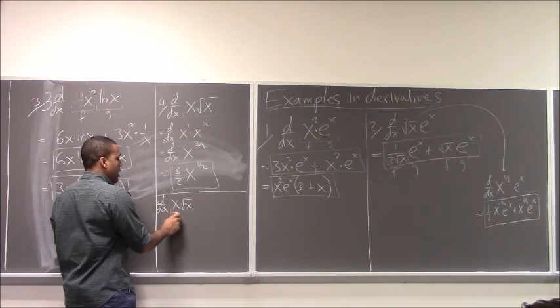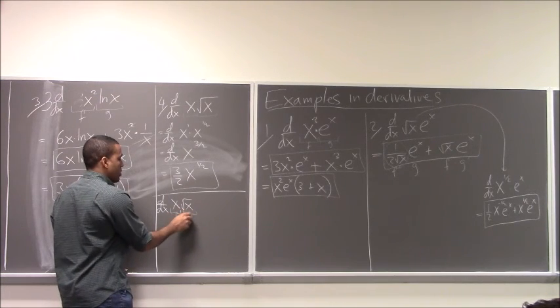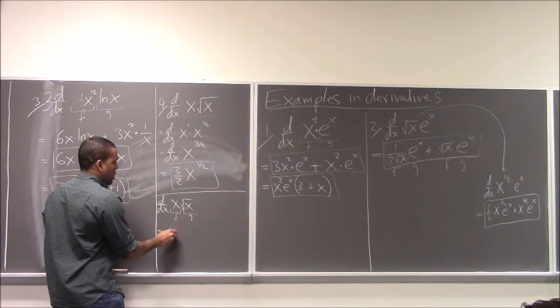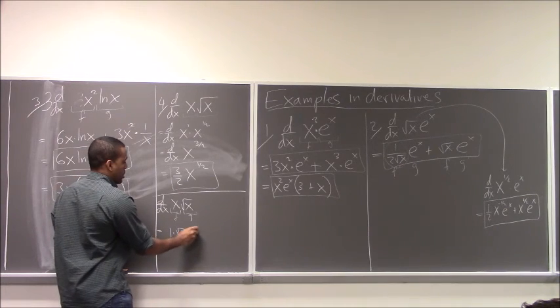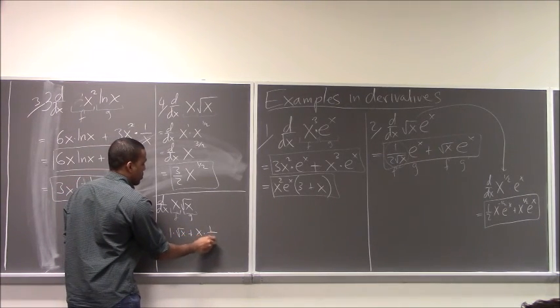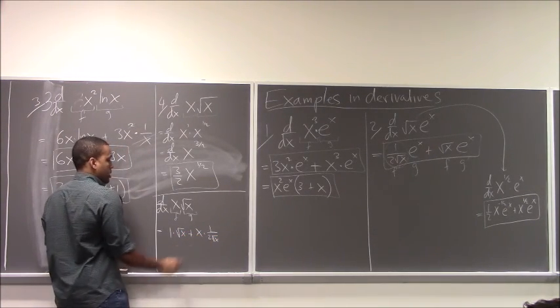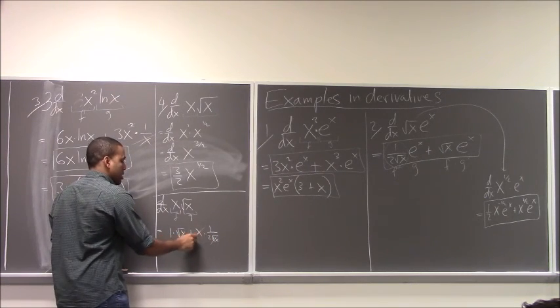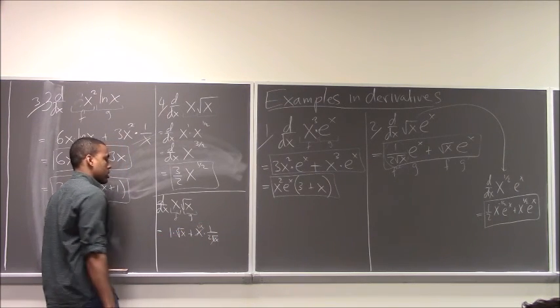You could have again thought of this as the product rule, f and that's g, and so it's 1 times radical x plus x times 1 over 2 radical x. You notice that this cancels into that, leaves you with a radical x.